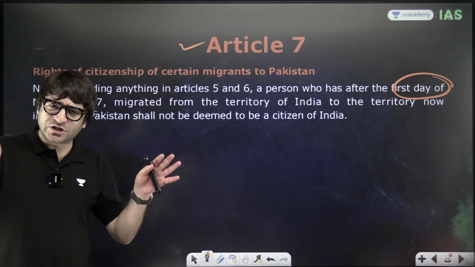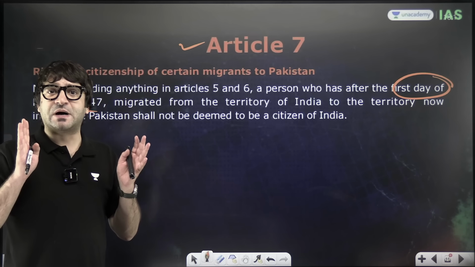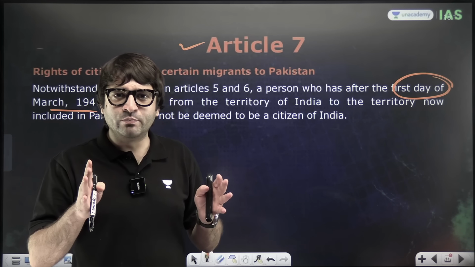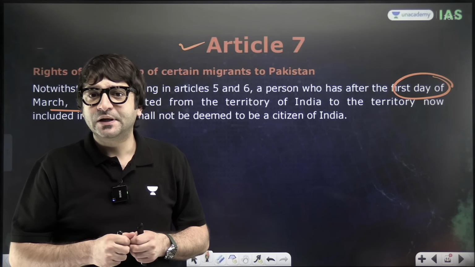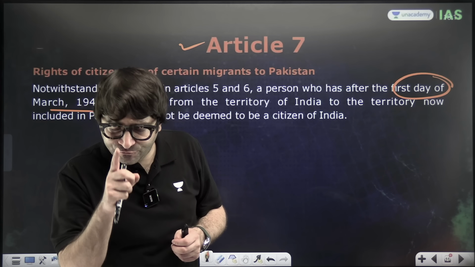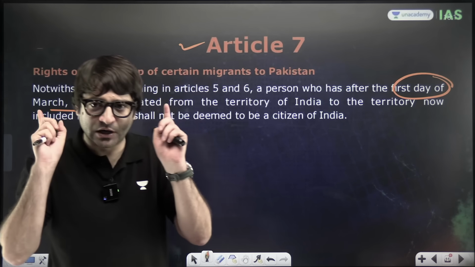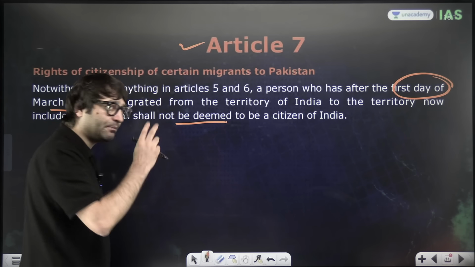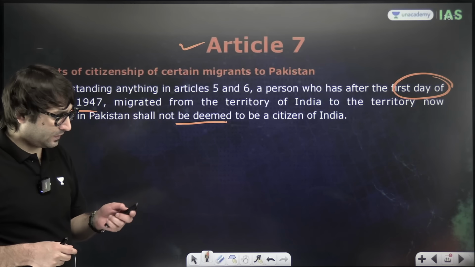But it became crystal clear in the last few days of February that now the country is going to be partitioned, and that is what we witnessed, massive movement of people from India to Pakistan, from Pakistan to India. But from the Indian territory, if you have migrated after 1st of March 1947, you are no longer the citizen of India. You shall not be deemed as the citizens of India because now you have chosen another country. That is Article 7.